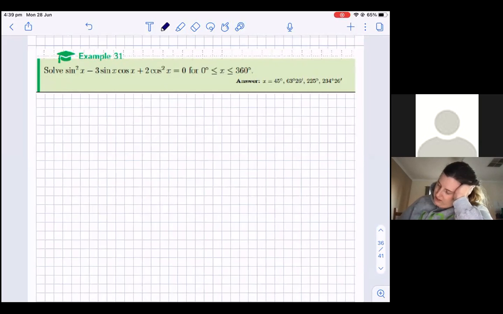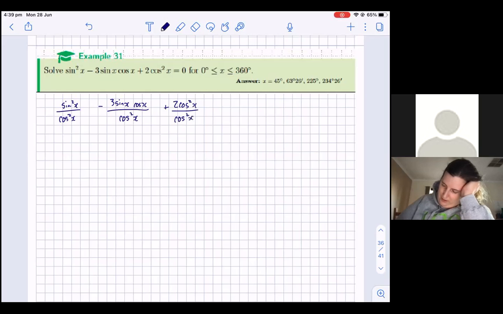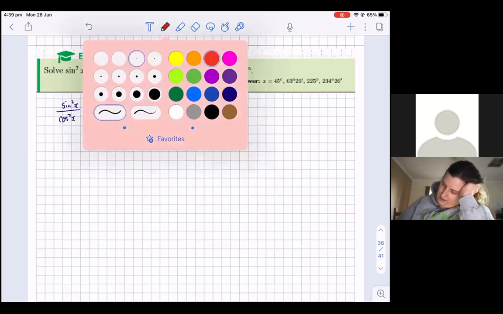To turn stuff into tan, I can divide by cos squared, so I've got sine squared x on cos squared x, take 3 sine x cos x on cos squared x plus 2 cos squared x on cos squared x equals 0.